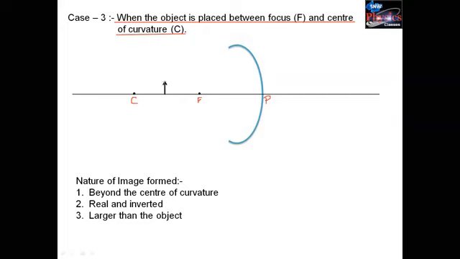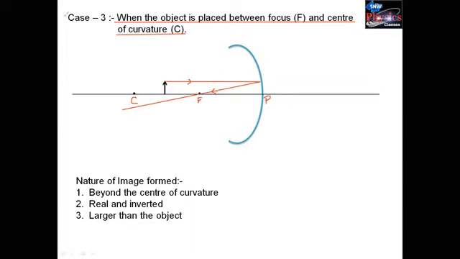So the first rule was when a ray of light goes parallel to principal axis, it passes through the principal focus. ठीक है, पहला रूल हमारा ये था कि कोई रे ऑफ लाइट अगर प्रिंसिपल एक्सिस के पैरेलल है तो क्या होगा, after reflection it will pass through the focus.